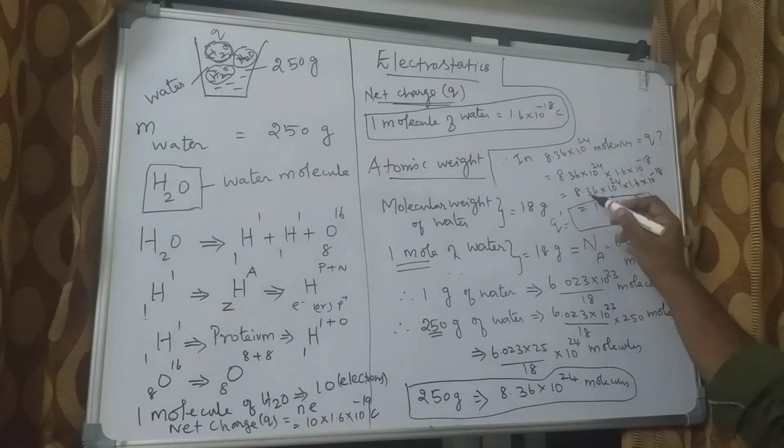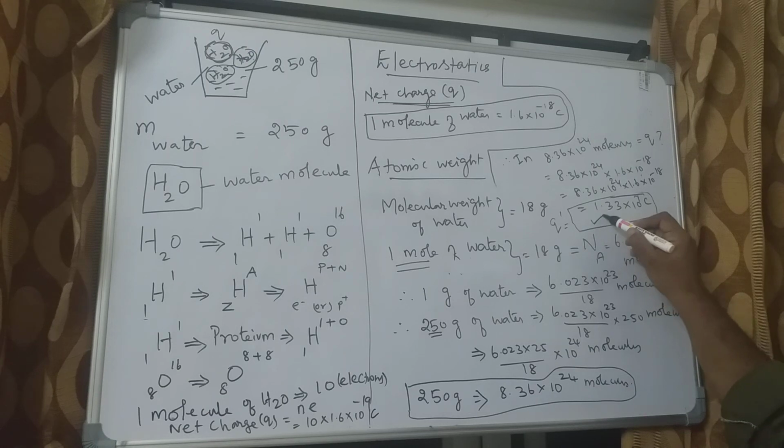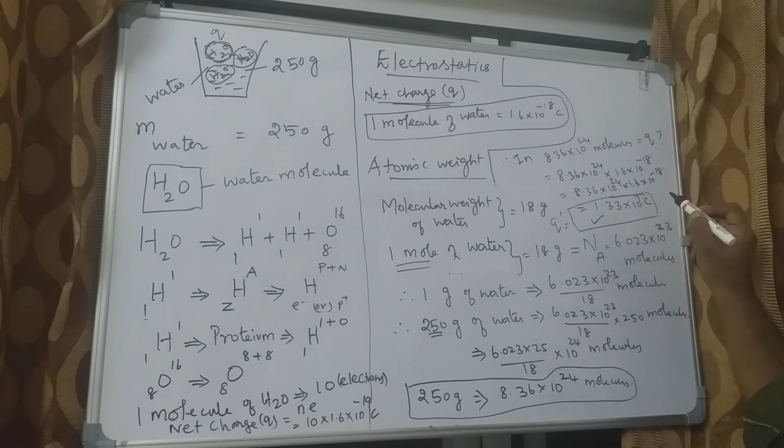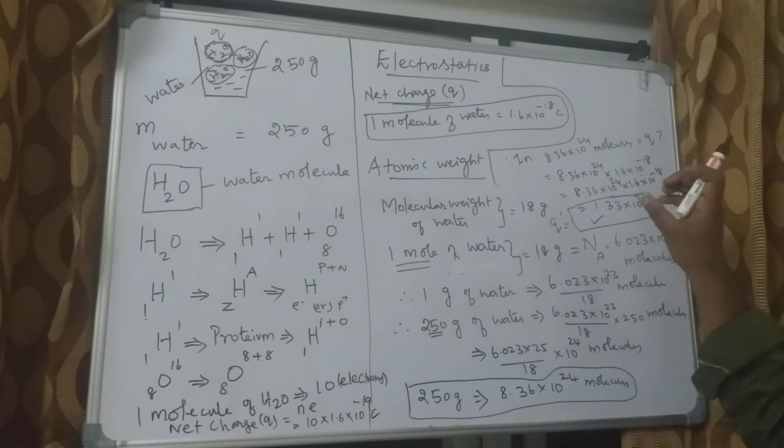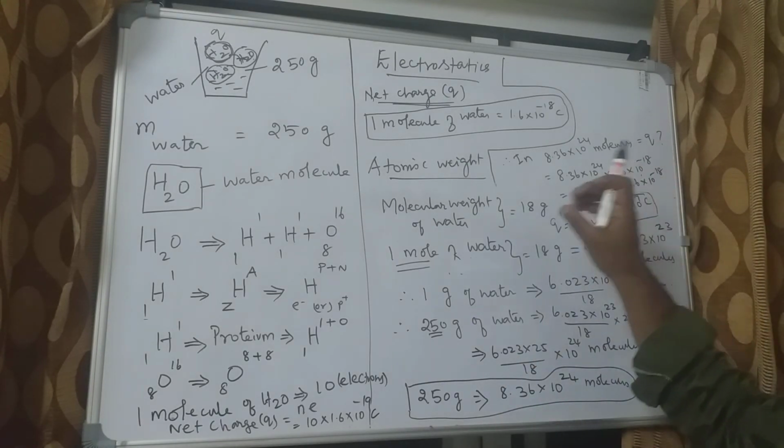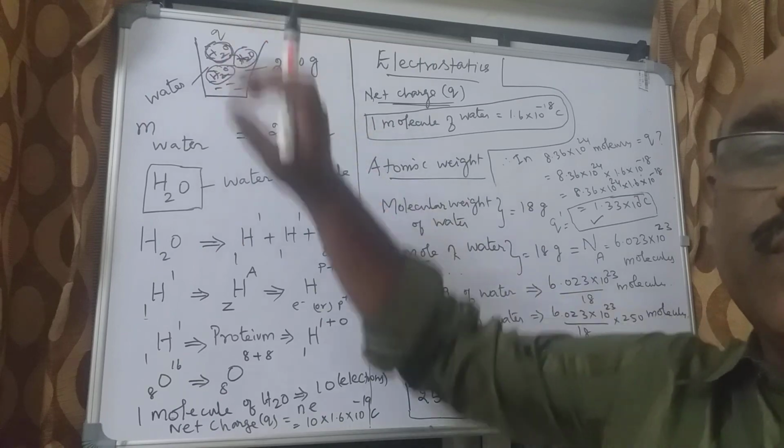Here we had made a mistake earlier. So finally, we will be getting the answer. If we simplify all these things, the answer we will get is 1.33 into 10 to the power 7 coulomb, which is the charge that is present in 250 grams of water.